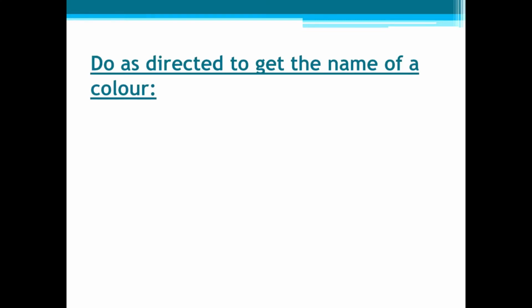Okay, now here what you have to do is do as directed and get the name of a color. That means whatever is told, that way you have to do and you have to get the name of a color.